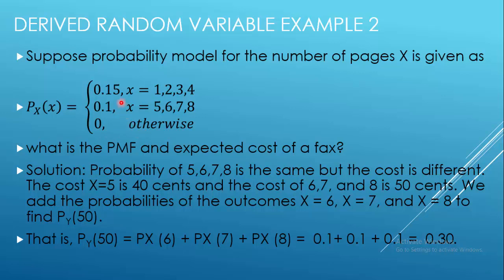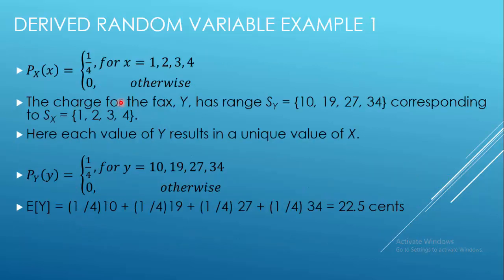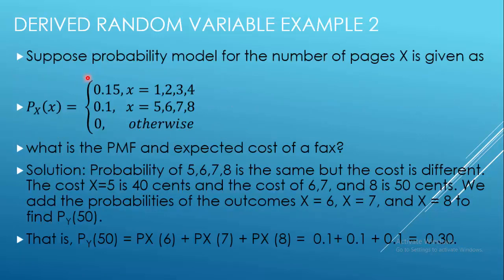So the only difference between this example and the previous example is the probability for the number of pages and the total number of pages as well. Here the probability to send 1 page or 2 pages or 3 pages or 4 pages is 0.15, and for 5 to 8 pages it is 0.1. So what is the PMF and expected cost of a fax?